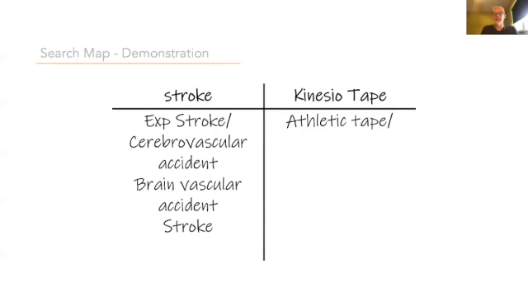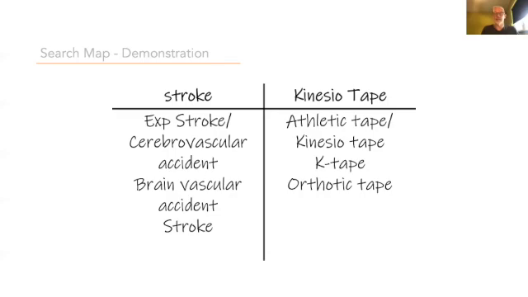You really need to do this in advanced searching, such as your PT 7500 research project, and especially if you're doing systematic and scoping reviews. I repeat that same process for the intervention section of the search map.